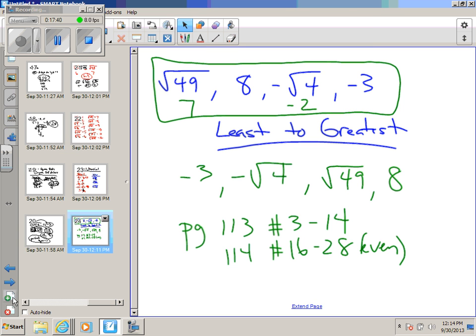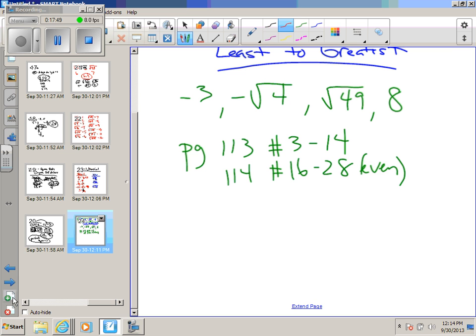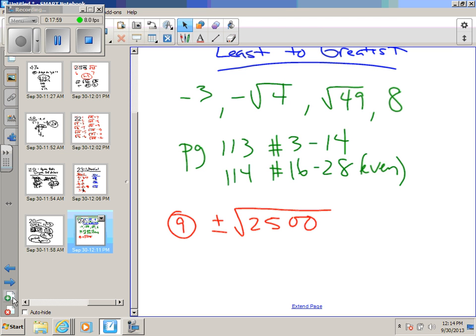Take a real quick look on page 113. Let's just look at one, like number 9. Sometimes you'll get these rather large radicands. But if you really look closely, it's not as bad as it maybe first appears. Focus here on the 25. The square root of that 25 is what? 5.